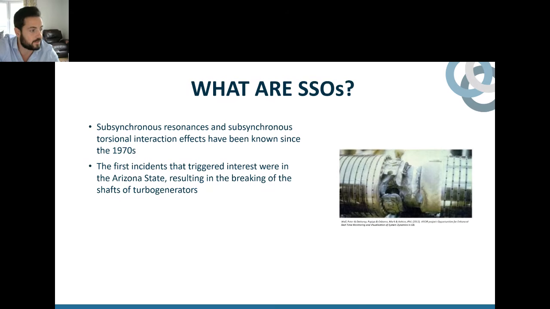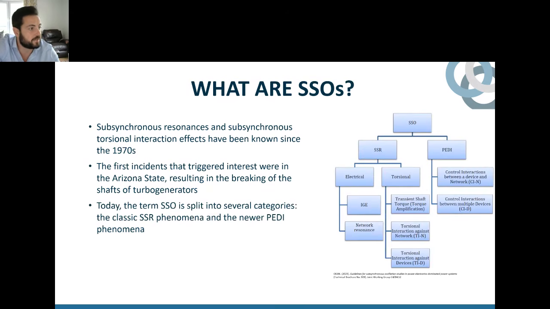So this was in the 70s initially, but today the picture is more complex, as you can see in this plot here on the right, and as shown in the diagram. SSO is now considered a family of different phenomena. On the left, we still have the classical SSR categories, which were presented in the previous slide.